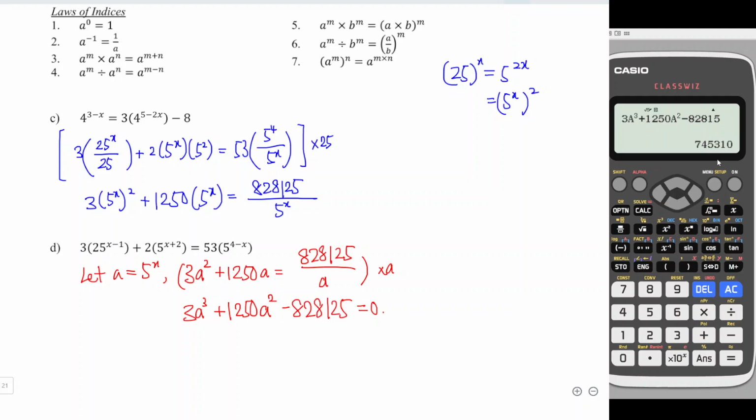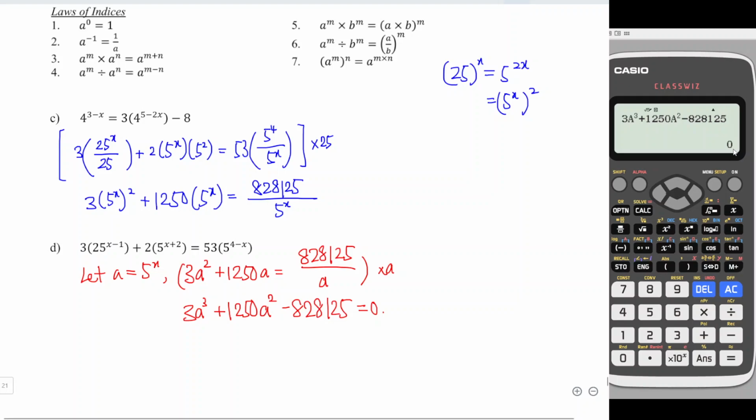How about, let's say, when a is 25, the number missing 2. So we have to enter again 25 and calculate when a is 25. So it's equal to 0, which means that a equal to 25 is a real solution.